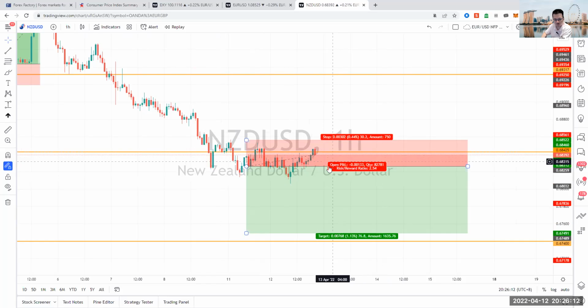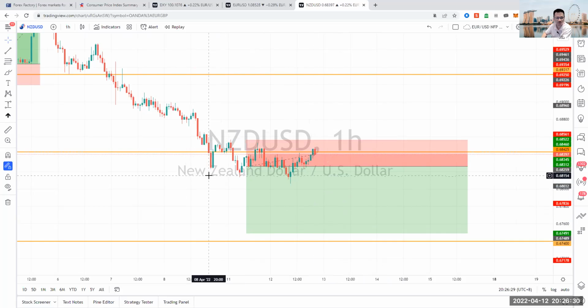I'm looking for it to break lower. So this trade still holds valid. I shared with you yesterday, if it goes below 0.6826, then you can look for that selling opportunity because of the stronger CPI data coming from the US, or likely stronger CPI coming from the US.